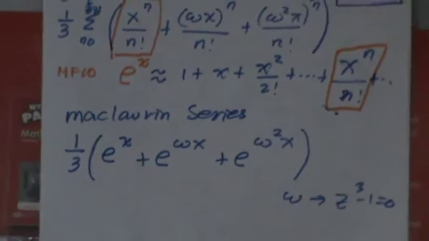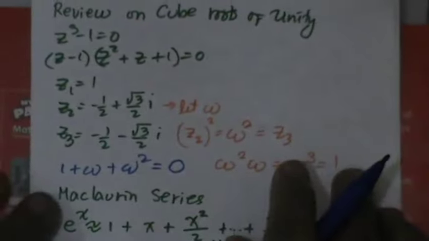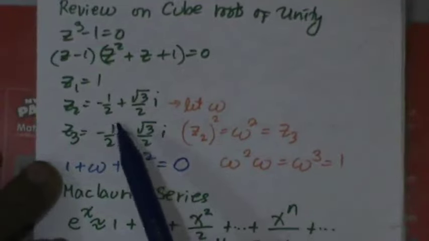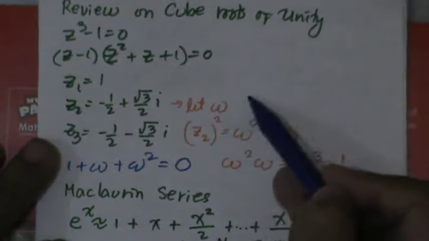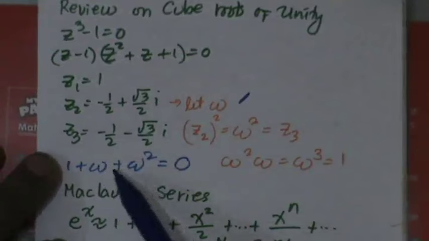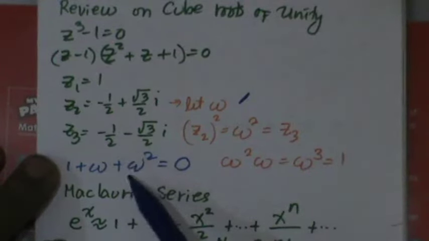Right? And what is that omega based on our computation a while ago? So we have said in the previous video that z cubed minus 1 equals 0. This is our root. Alright? And that is our omega. And this is our root. And that is our omega squared.